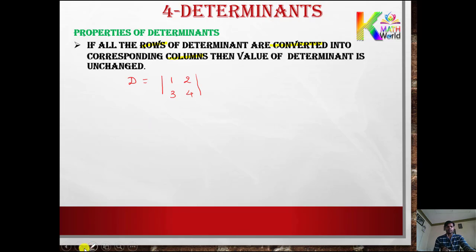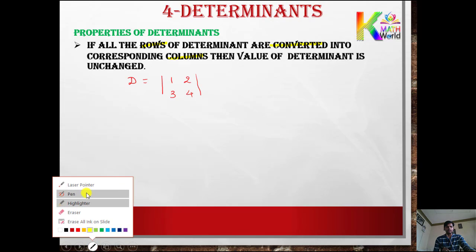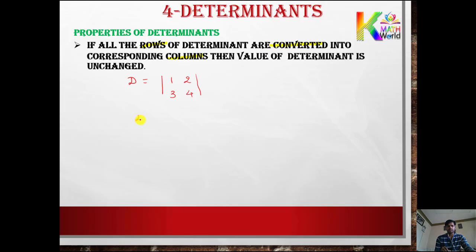Suppose we say our new determinant is D dash. Then D dash equals to, convert each and every row to column. So first row becomes first column, second row becomes second column.